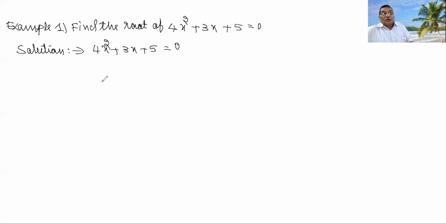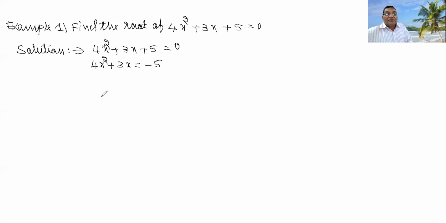Now, step number 2. Shift the constant term to RHS. 4x square plus 3x equal to minus 5.